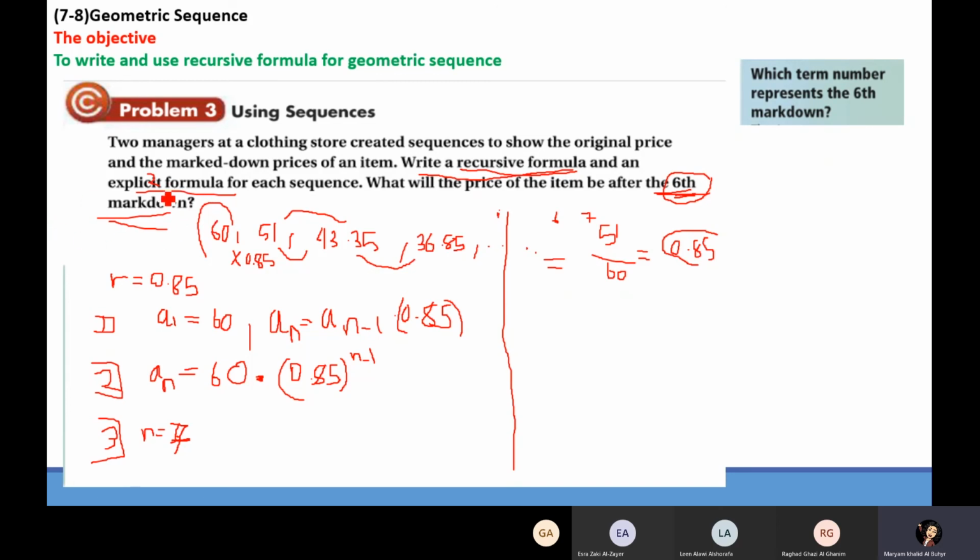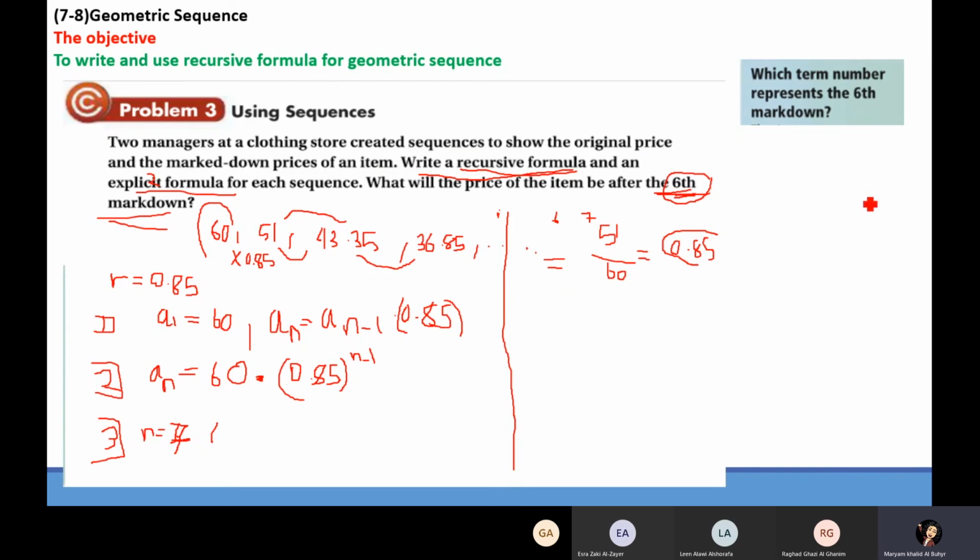So you don't need to be confused in this part between a word problem and a regular exercise with numbers only. If I'm asking you to find the 6th term in just numbers, you can substitute by 6 immediately.